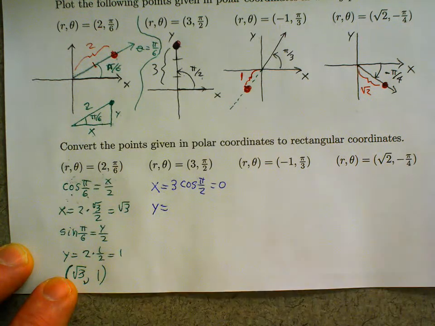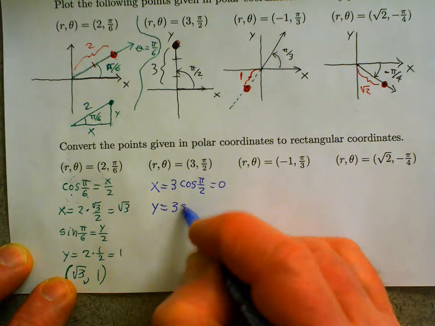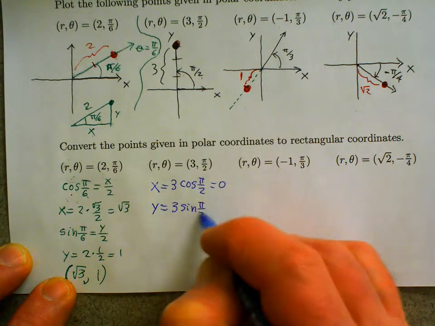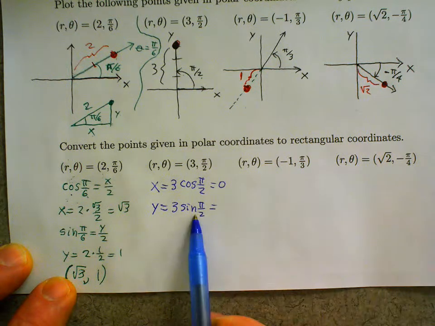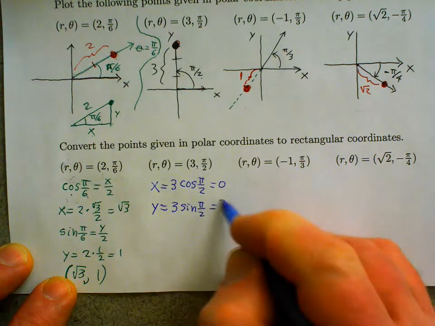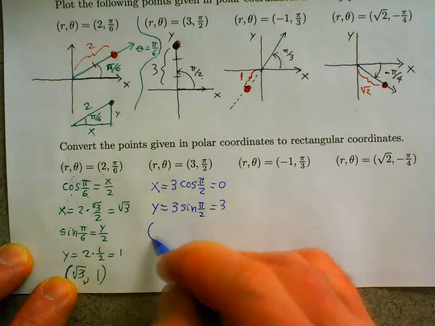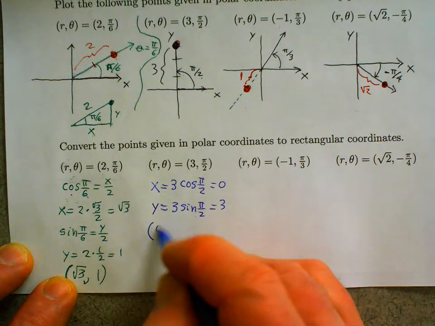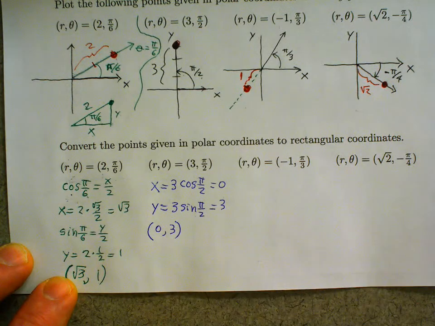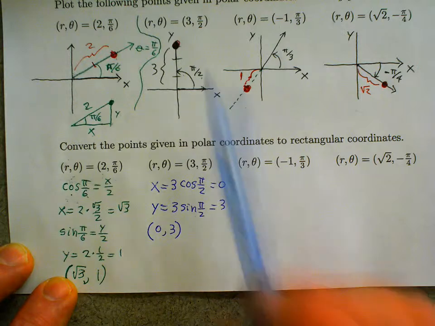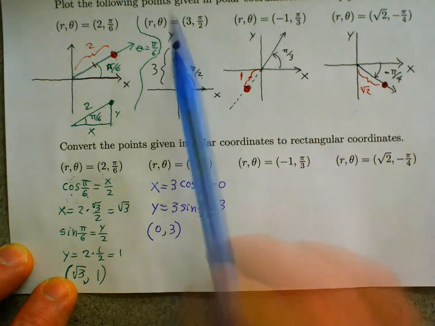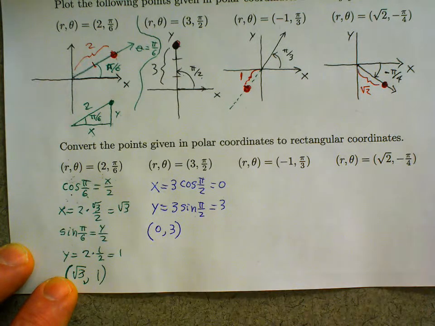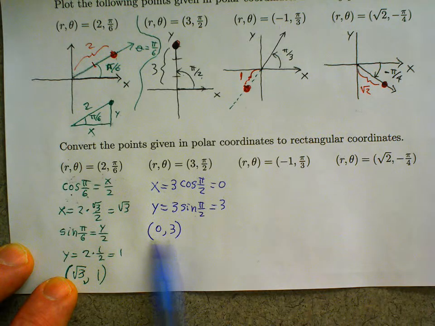And the y-coordinate is 3 times sine of pi over 2. Sine of pi over 2 is 1, and 3 times 1 is 3. So the rectangular coordinates are (0, 3). I know we can just read that from the graph.